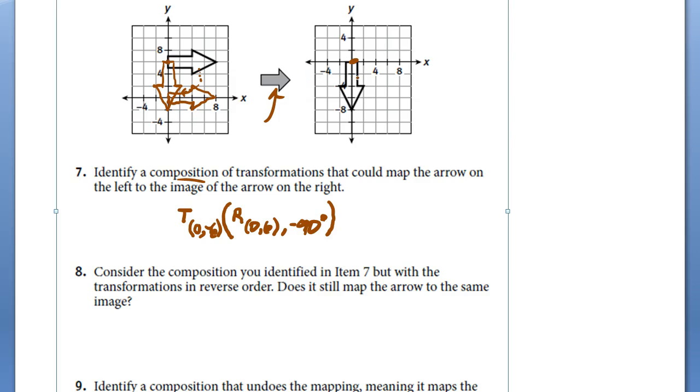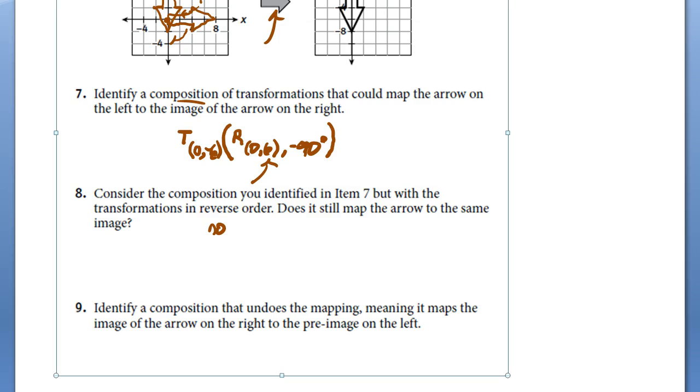And the answer is no, not if we rotated it around 0, 6. Now if we rotate it around 0, 0, it would end up in that position. But the answer is no, not with 0, 6 identified as the center of the rotation.